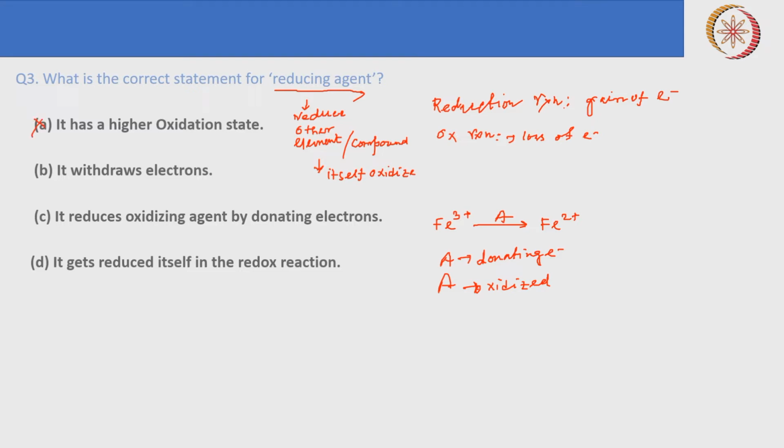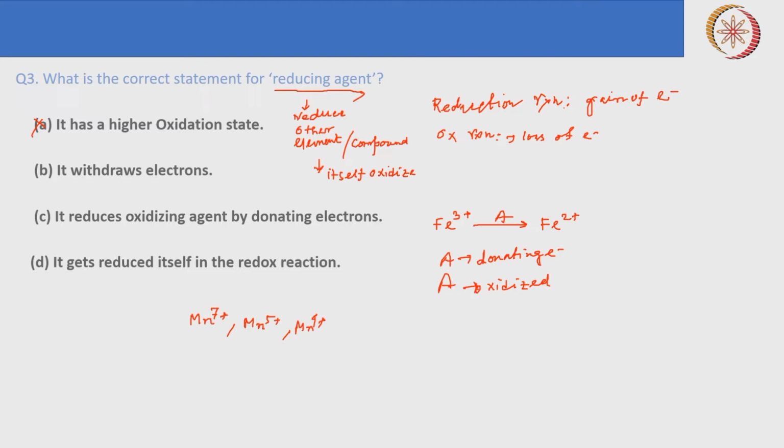No, this point cannot be right, because suppose we take one example, the manganese system, where different oxidation states are possible: +7, +5 and +4 oxidation state. If it is in a higher oxidation state, then it cannot donate electron easily. It can accept the electron easily. So this option A cannot be the answer.